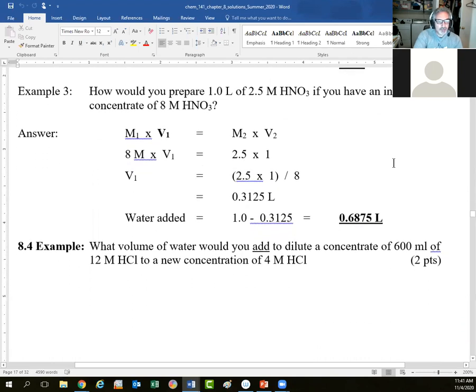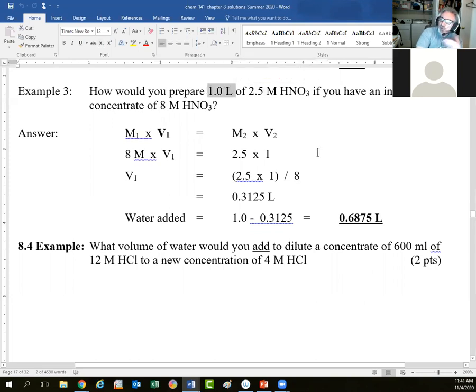Number 3, a little bit trickier because you're told that you want to prepare 1 litre of 2.5 molarity nitric acid from an initial concentrate of 8 molarity. So you know M1, you know M2, and you know V2.